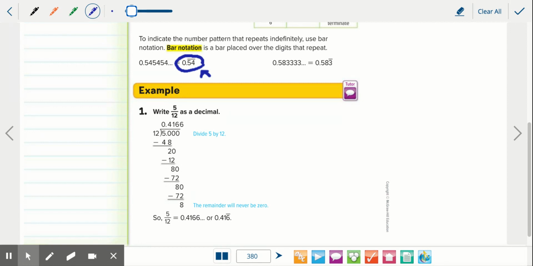Sometimes we get decimals where some of the digits don't repeat and then some of them do. So what we do for a problem like this is I would write my answer 0.583 with the line just over the 3. And that tells whoever's looking at my paper, the 5 and the 8 don't repeat, but the 3 does. And that's important for them to know.